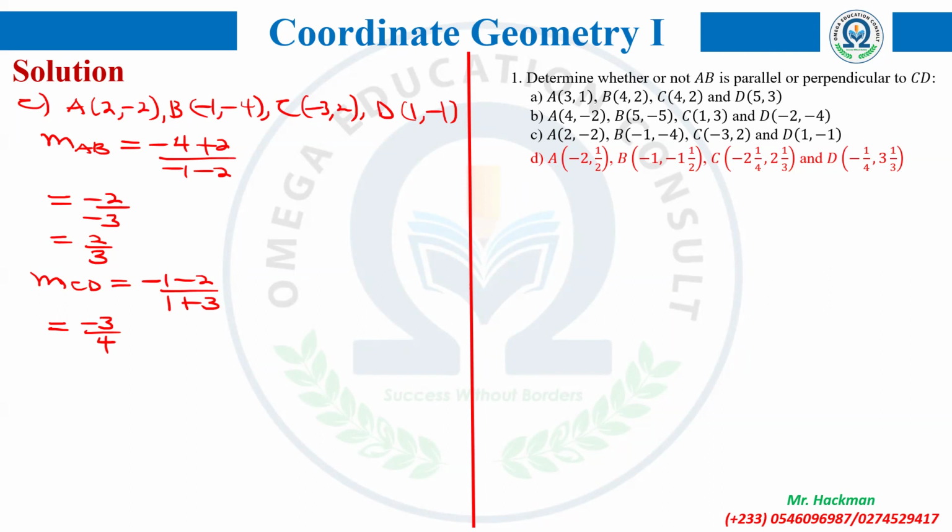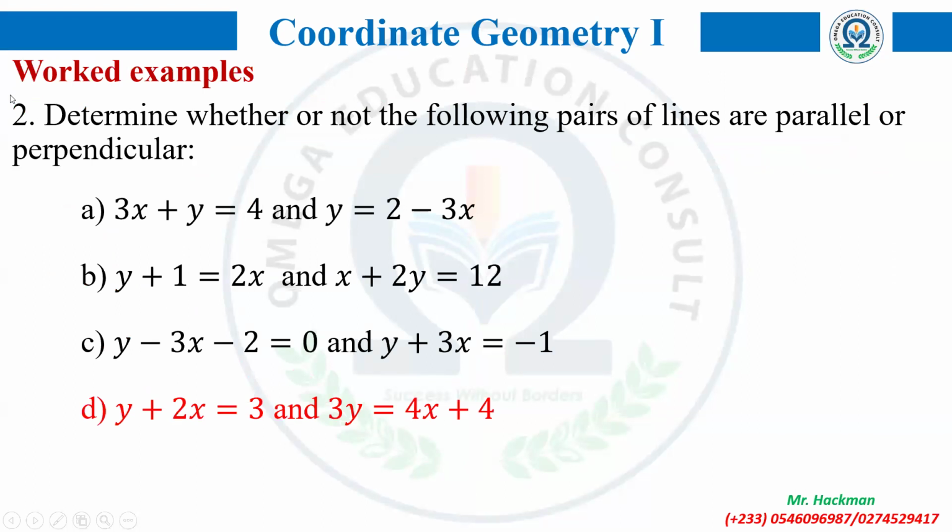You draw your conclusion. In this case, the line AB is not parallel to the line CD, and again, the line AB is not perpendicular to the line CD. Okay, all right. So the D will be yours. When we come back, we look at our next concept.